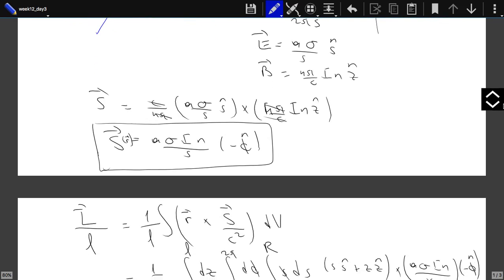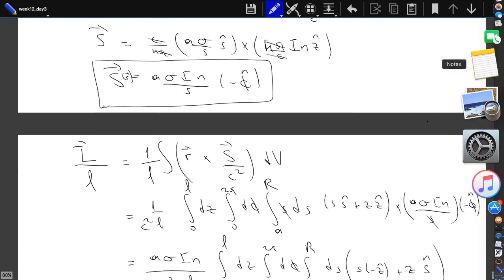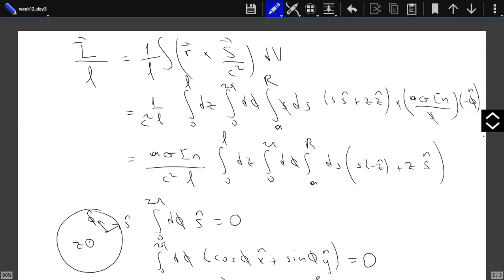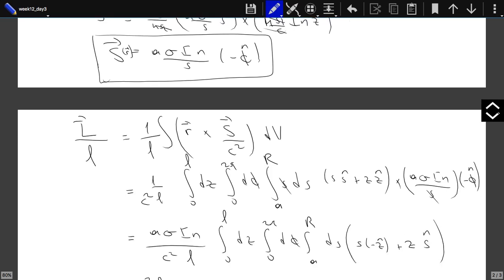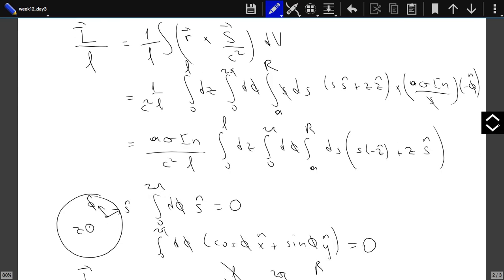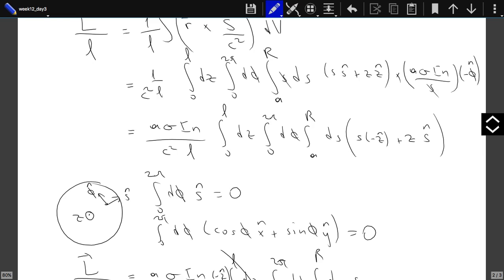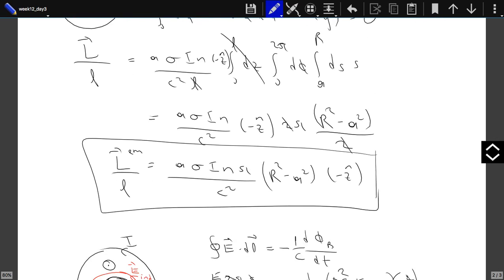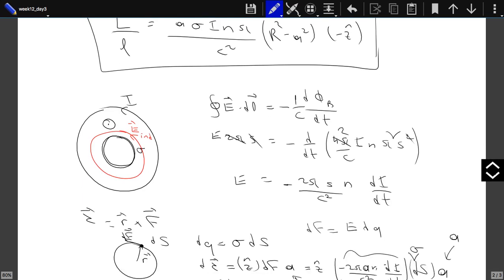Okay, this is our S. So we are calculating R cross S. So that term is 0. And then we have here the 2 pi cancels. Well, this seems to be the correct answer.